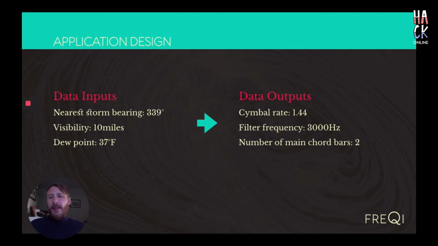So to give an example, maybe like the nearest storm bearing, which is in degrees, could translate to the rate that the symbol plays. And then there are some kind of more sensible one-to-one mappings like visibility, for example. If that's 10 miles, then the filter frequency used is 300 hertz. So those are the kind of more simple mappings that I wanted to achieve in my application.